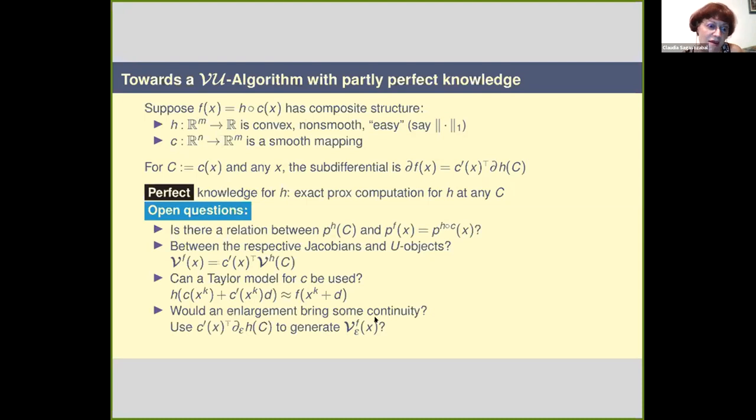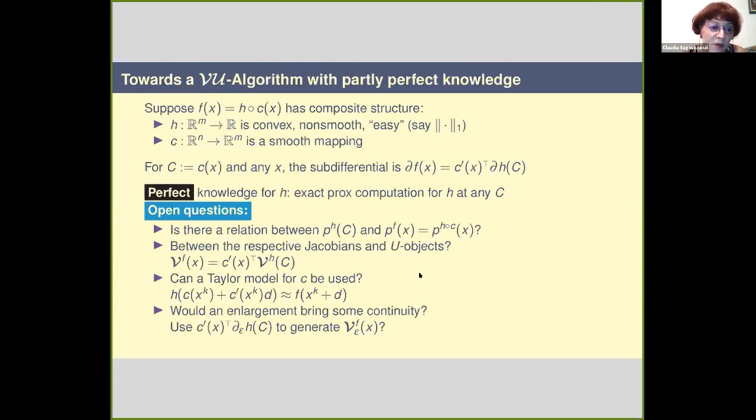This is in sync with what Russell was asking yesterday. For example, the epsilon subdifferential of f, it's too big. And we don't need the epsilon subdifferential of the composition, because what is introducing discontinuity here in the subdifferential is not the smooth mapping. It is the subdifferential of the function h.